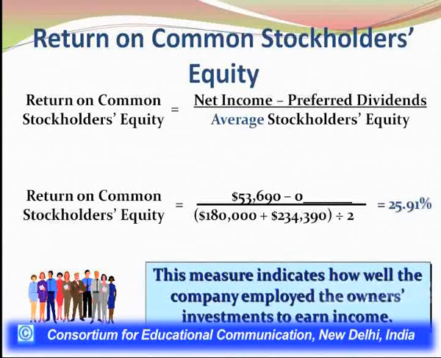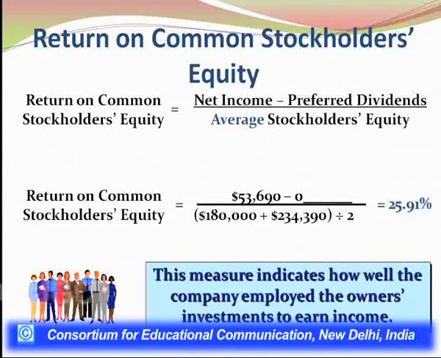In the books of Indian authors, you will find the nomenclature used for this ratio is return on equity shareholders, and in some foreign authors' books you will find that this ratio is named return on common stockholders equity. So the formula given in front of you is net income less the preference dividend divided by the average stockholders equity, right? This is the formula.